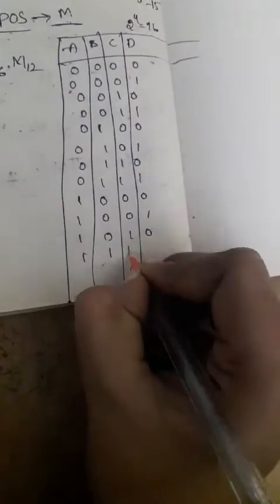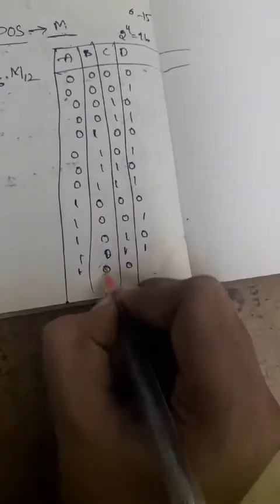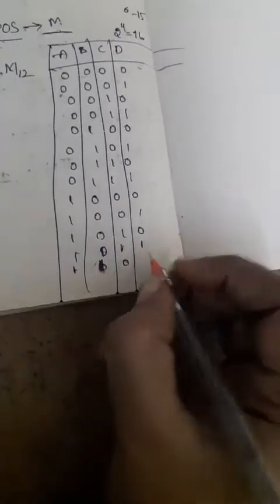So 1000, 1001, 1010, 1011, next 1100, 1101, 1110. The last one is all ones. Okay, so now write the expression.